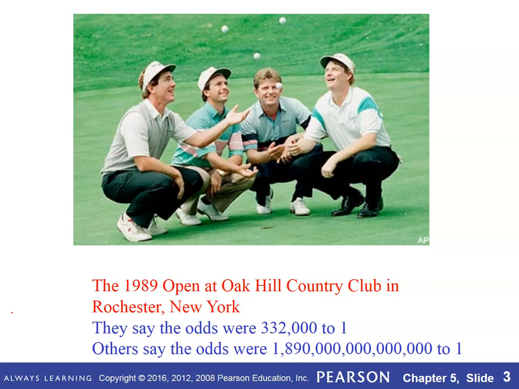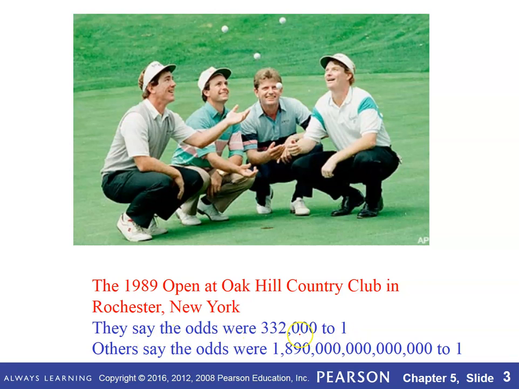This only happened in the 88 years leading up to this event. It only happened 14 times, and on this particular day, it happened 4 times on the same hole. And so different people wrote about it. You could read about it in different articles.